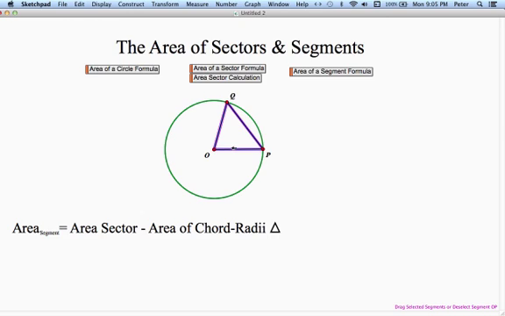So that gives us, it's not really a formula as much as a method for finding the area of a segment. The area of a segment is equal to the area of the sector, QOP, subtracted by the area of the chord radii triangle, QOP.